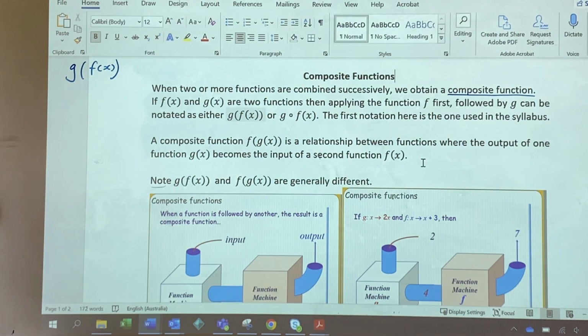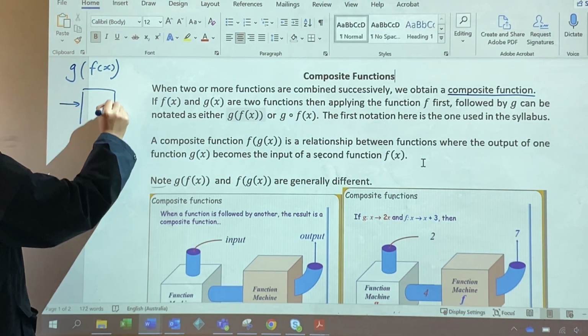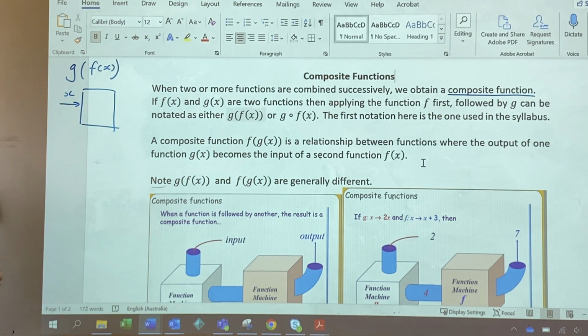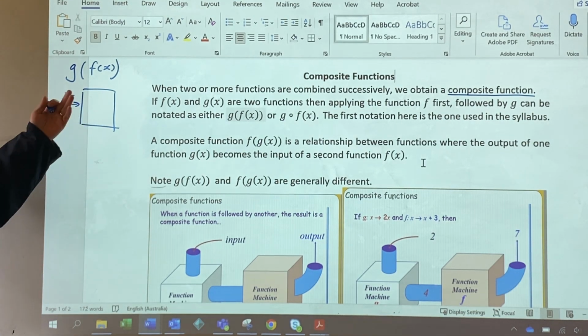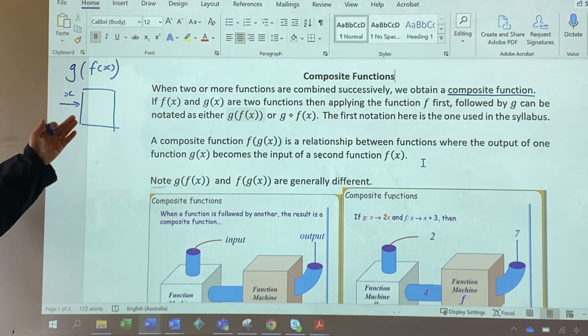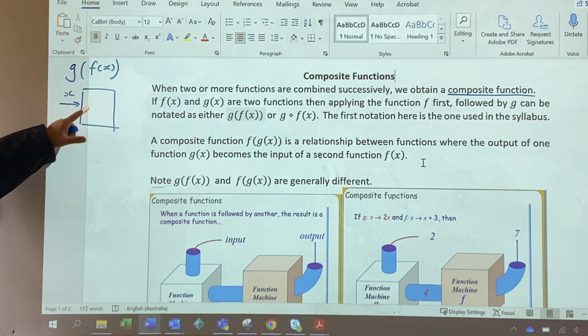Now, I'm going to explain what that means. First of all, we put an x value into the expression. You've seen this in chapter 3. We put the input into the black box, and we perform whatever expression, let's say x plus 2, whatever.